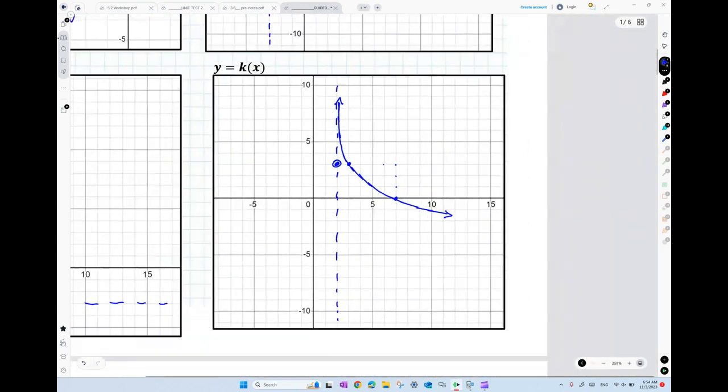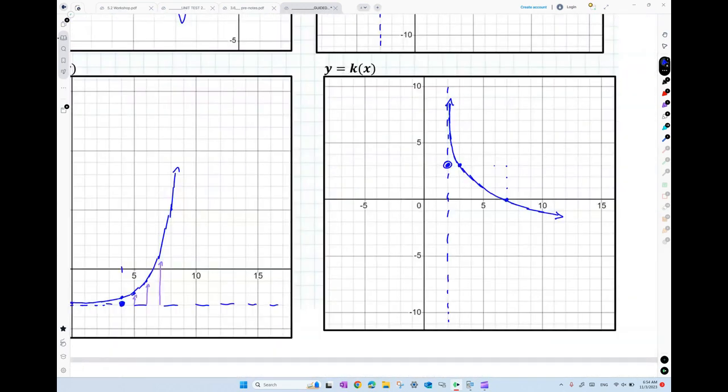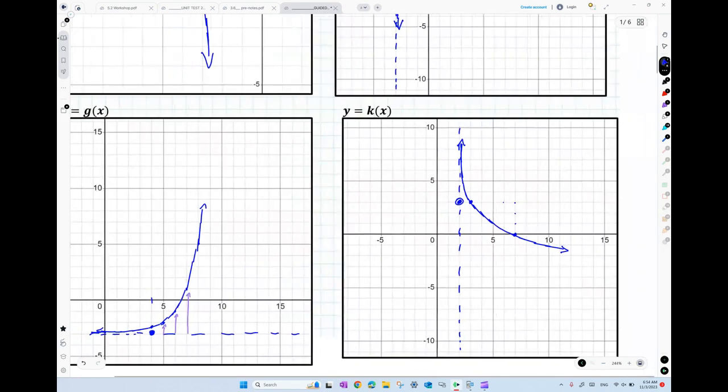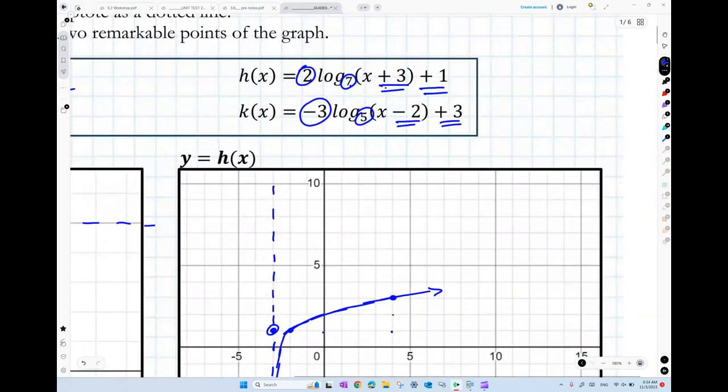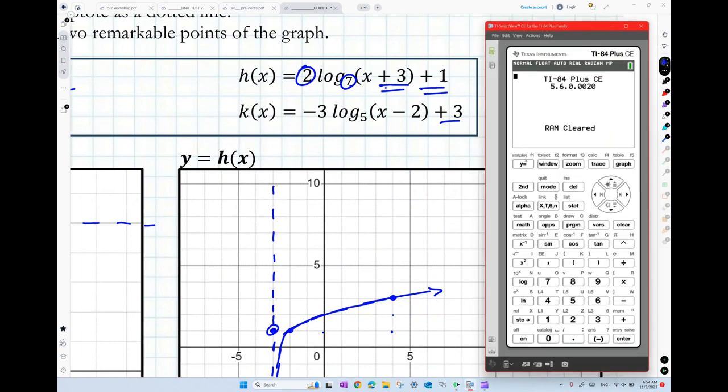Now, you can, of course, get support from your calculator. Let's do that with this here. So to do that, you press y equal, and you type your function, negative 3.